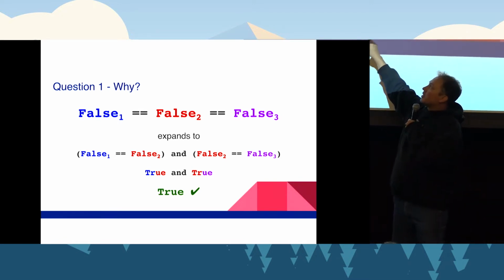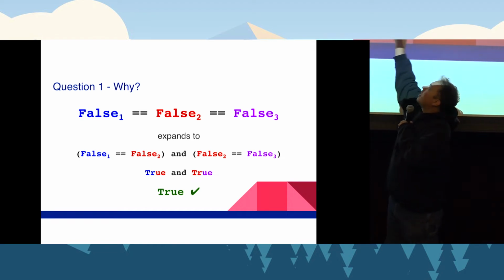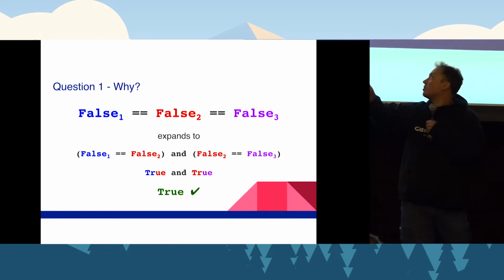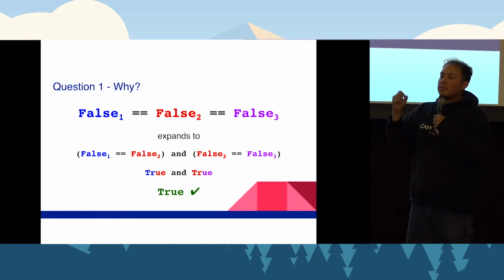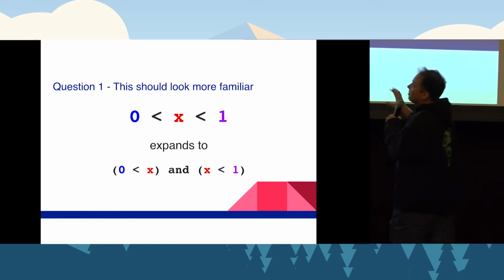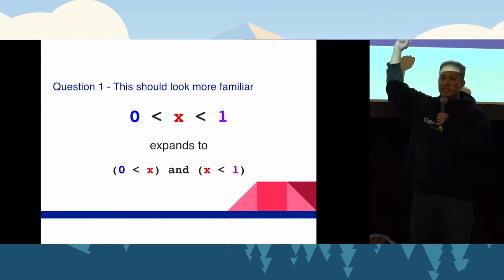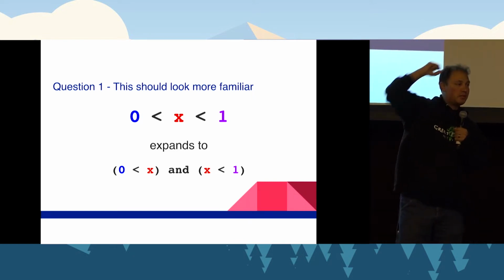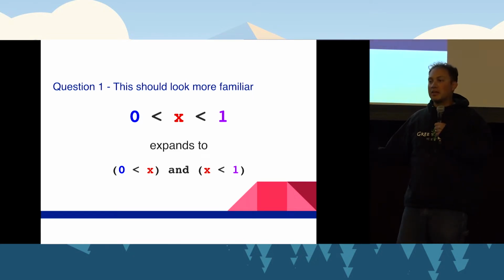But really what it's doing is taking the first 2 and the second 2, evaluating those first, and then joining them with an and. So you get true. The reason is that Python has some syntactic sugar here where we can do range checking really easily. But this has a side effect of screwing up your equals equivalence expansion on the other side. So that's thing 1. Good thing to keep in mind, because sometimes you screw it up.